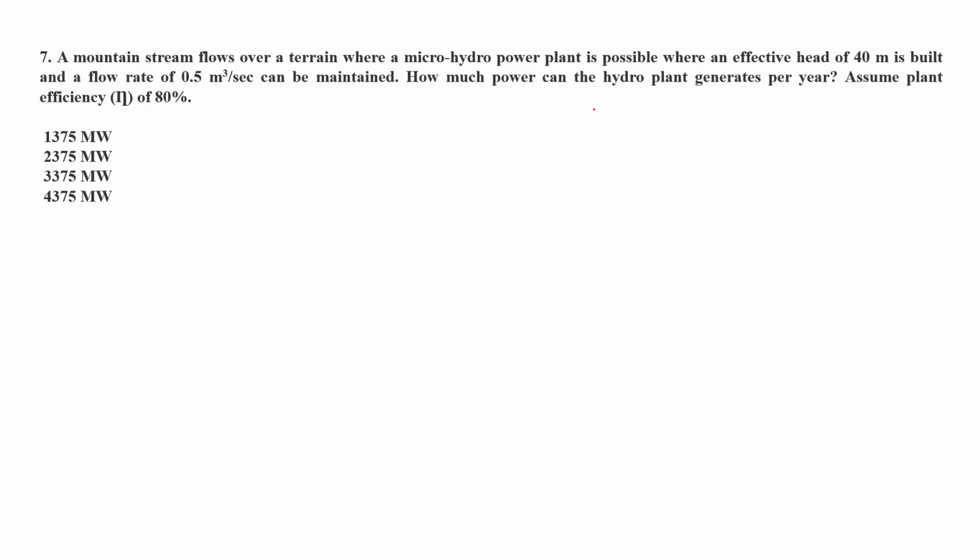How much power can the hydropower plant generate per year? Assume plant efficiency of 80%.